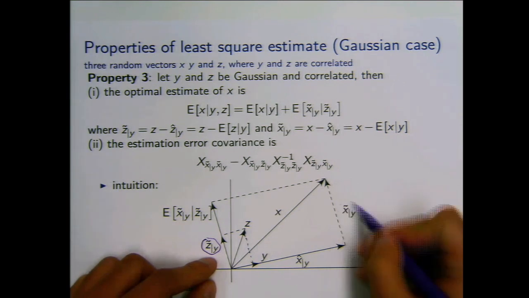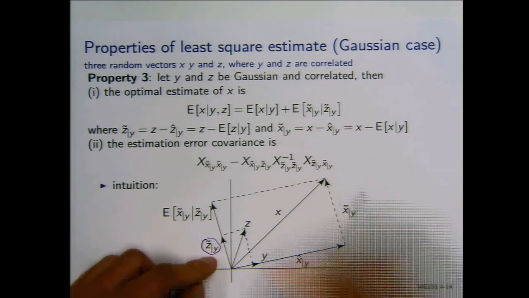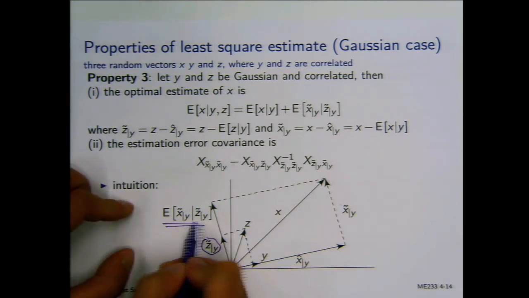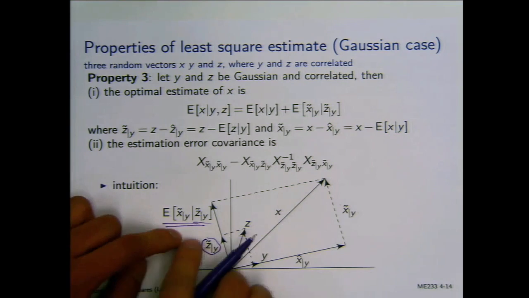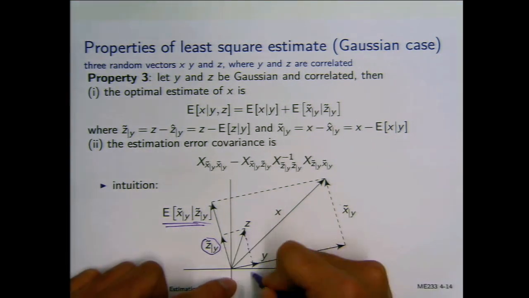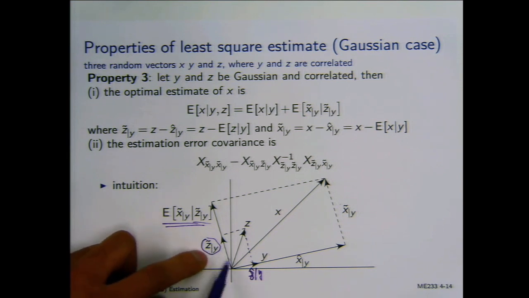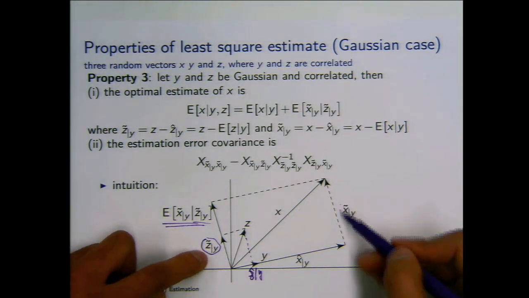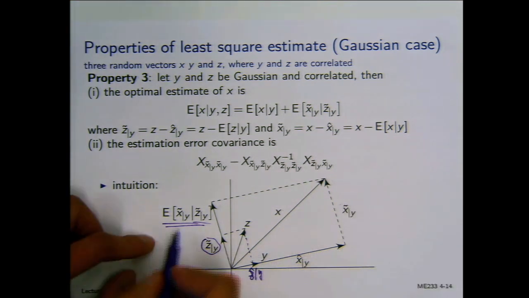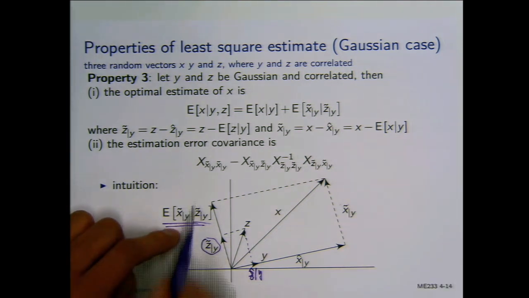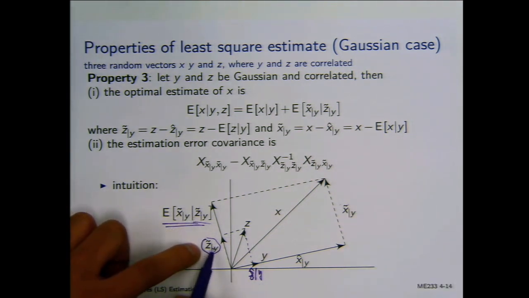I just do a projection of this estimation error onto this line here, which is going to be the expectation of, look at the notation here. Z can be decomposed as z hat given y, which is here, plus z tilde given y, the error term. If I want to do a projection of this onto this line, it's just going to be the expected value of this conditioned on this information here.